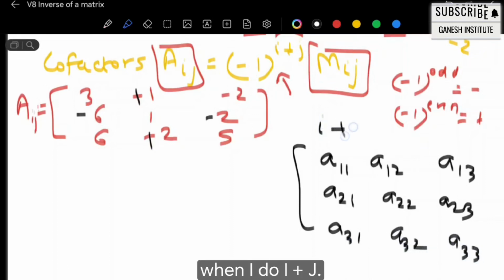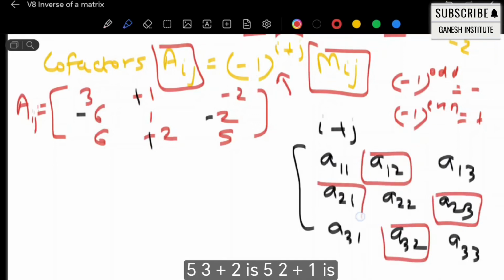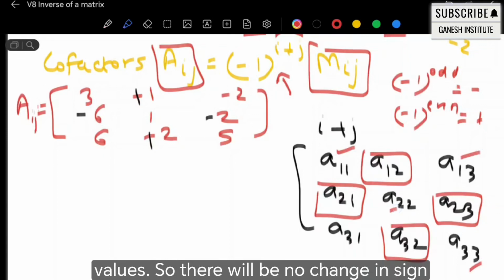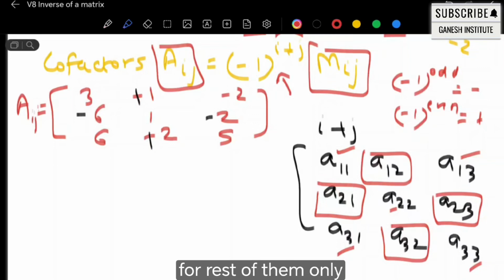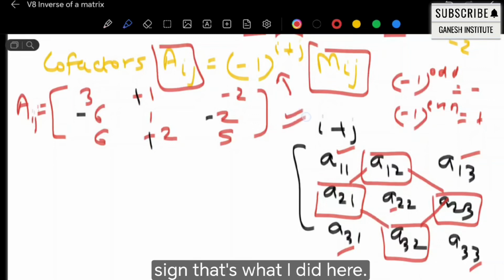When I do i plus j, when will I get an odd number? At these places: 1 plus 2 is 3, 2 plus 3 is 5, 3 plus 2 is 5, 2 plus 1 is 3. The rest all are giving us even values. So there will be no change in sign for the rest of them. Only this quadrilateral shape will have the opposite sign. That's what I did here. Okay. So we've got the cofactor matrix.